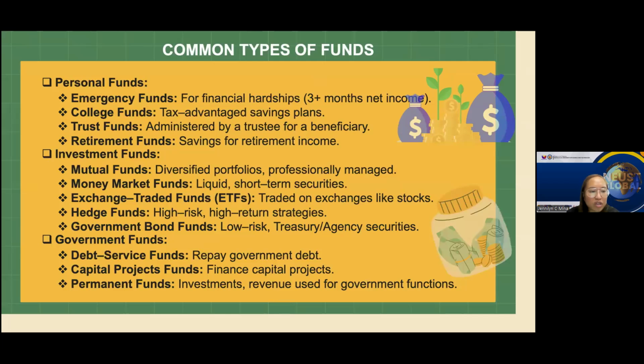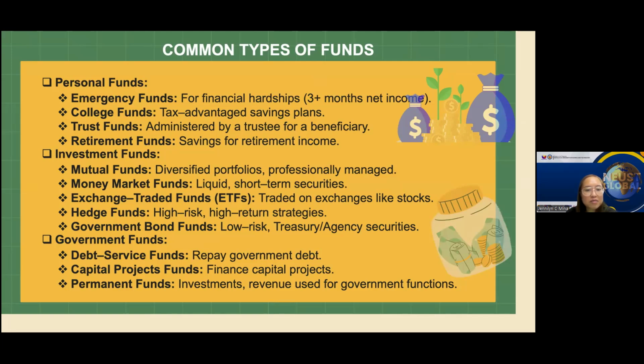Just to give you additional information, the common types of funds include the emergency fund, savings for unexpected expenses like job loss or medical emergency; college fund, tax advantage saving plans; trust fund, administered by a trustee for a beneficiary; and retirement fund, savings for retirement, providing income or pension later in life.